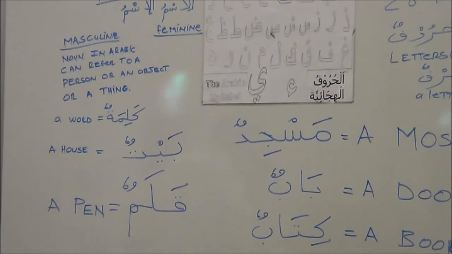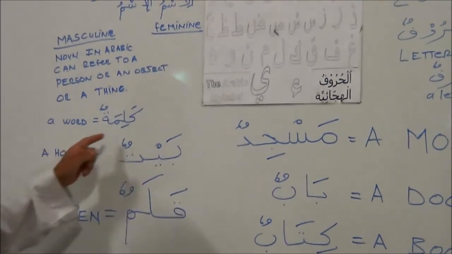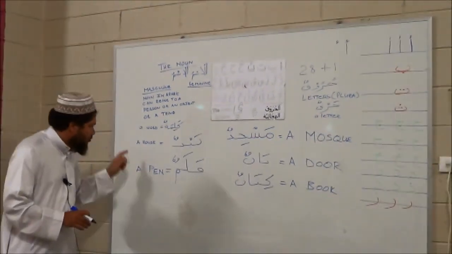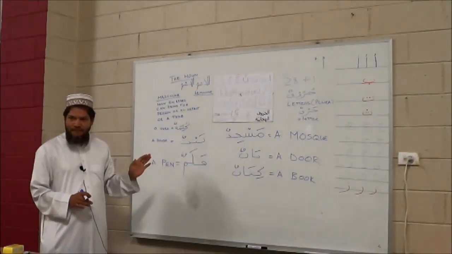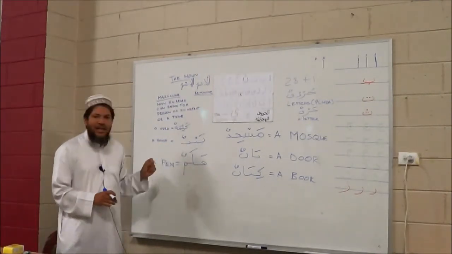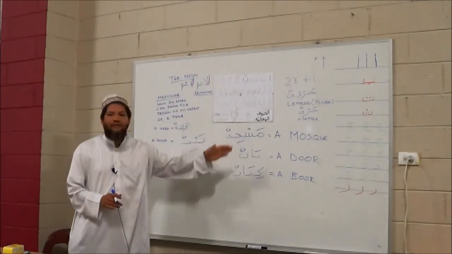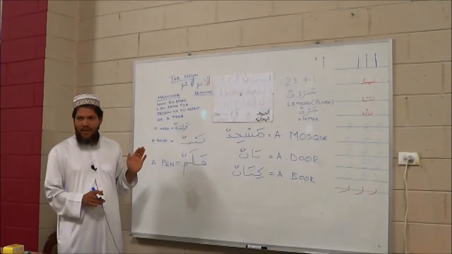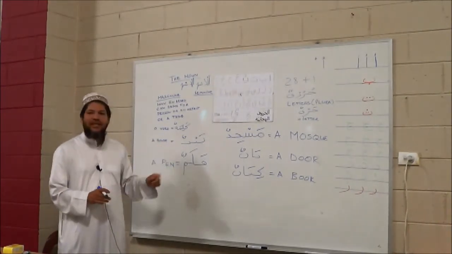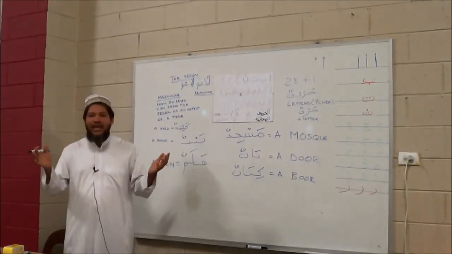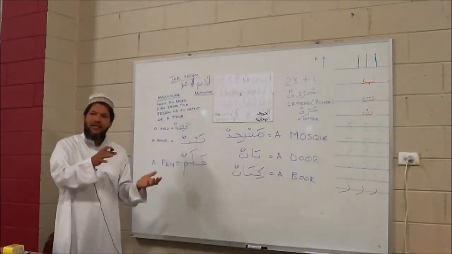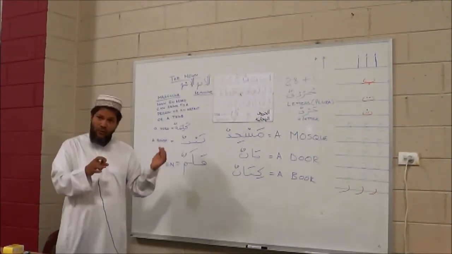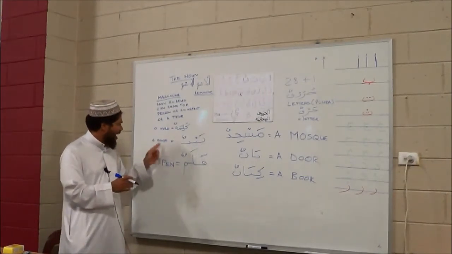Just on a last thing, all these nouns at the moment deal with things, correct? But these nouns are all indefinite. Because we say a house, meaning any house. Right? We're going to come to definiteness. Are we going to say the house? But for the time being, a house.